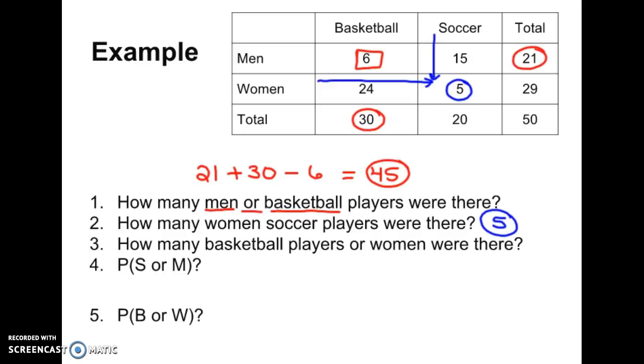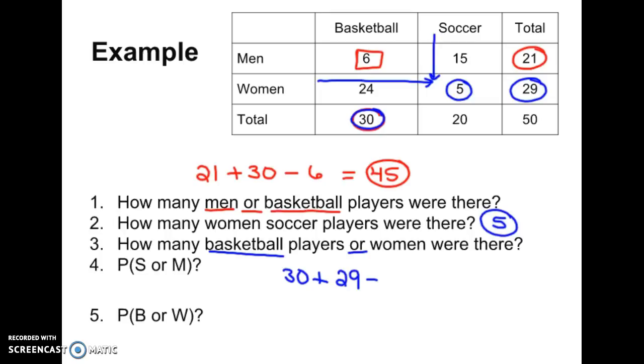Number 3, how many basketball players or women were there? Again, I have an "or" statement, so I have to figure out how many basketball players and how many women, add them together, and then subtract away where they overlap. The total number of basketball players, which we've already done, is 30. The number of people that are women total, which I'll circle right here, is 29.